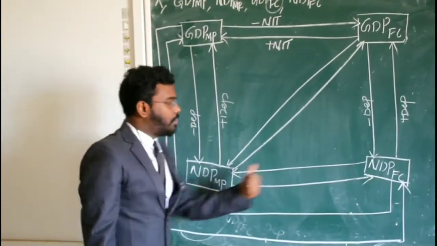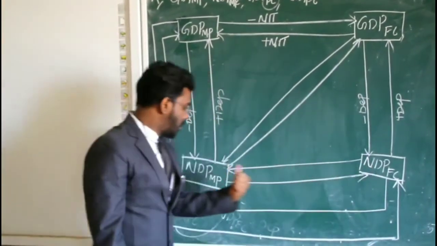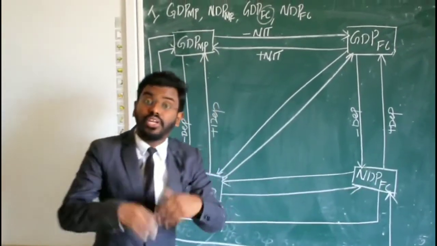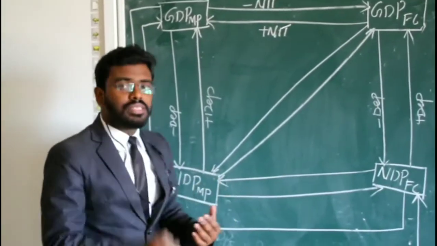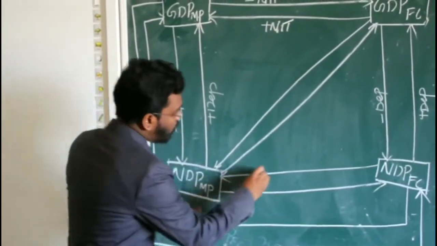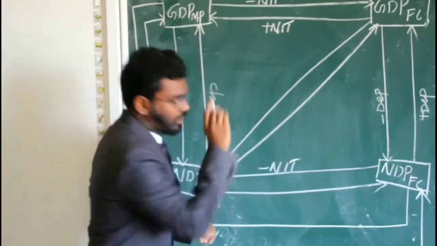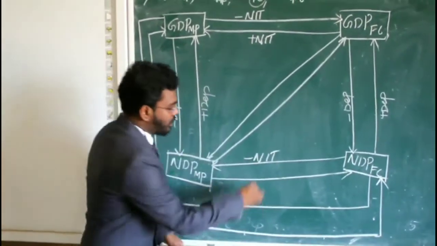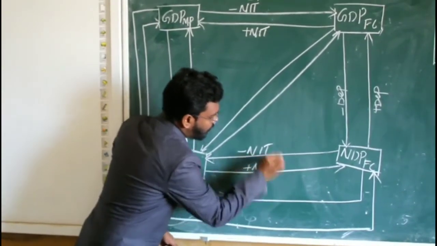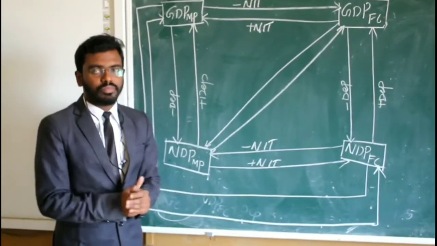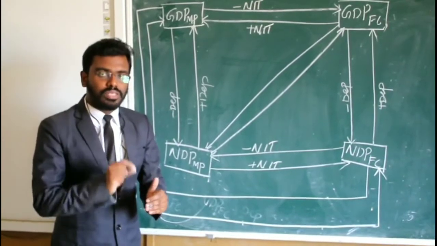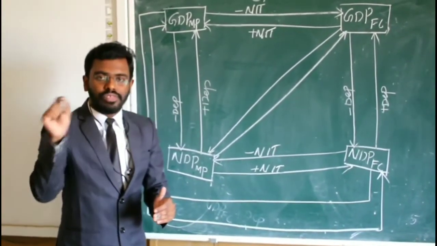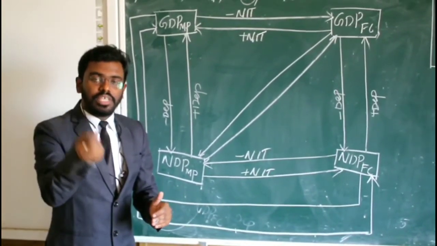NDP and NDP same, but the difference is MP into FC. How can we convert MP into FC? MP into FC means minus NIT. Then FC into MP, just opposite, plus NIT. Understood? G to N minus depreciation, N to G plus depreciation, MP into FC minus NIT, FC into MP plus NIT.